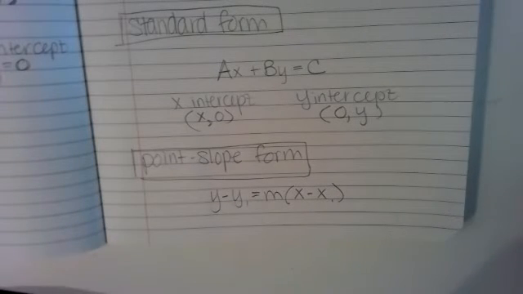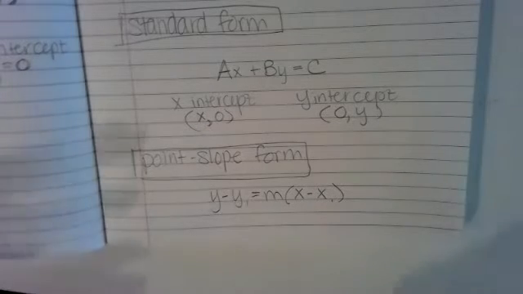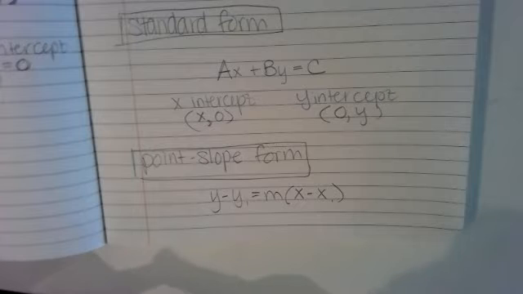This should look like something we kind of already know about, meaning we know what m represents. M is our slope, and we know what x and y are because they come from an ordered pair.